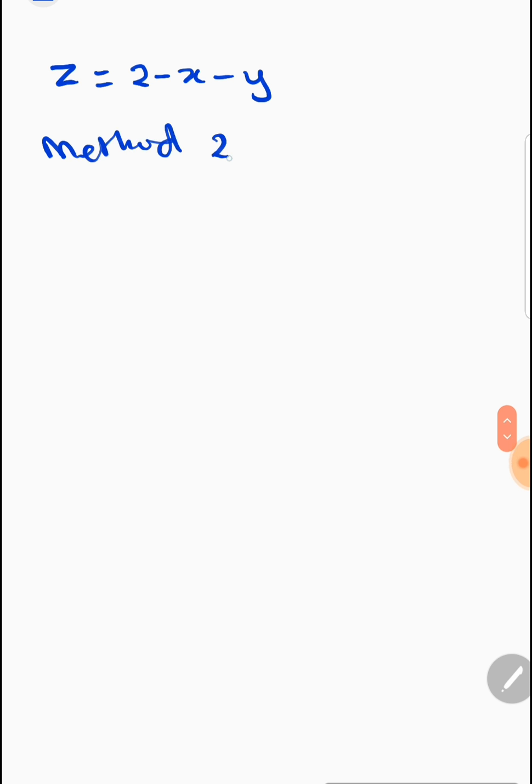Let's explore method 2. I'm just going to rewrite the expression as given in the question. Just now, for method 1, we moved everything to one side and made it equal to 0 so that it becomes my f. For method 2, it really depends on which plane you're looking at.